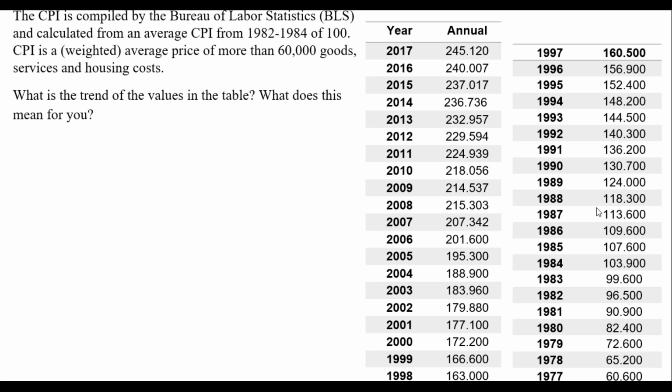But remember, we had that recession. When the recession came, and that was around 2008, notice what happened. Goods and services, the CPI value was 215 and some decimals, and it actually went down a little. Now, the reason why it went down is because a lot of people were losing their jobs at that time.